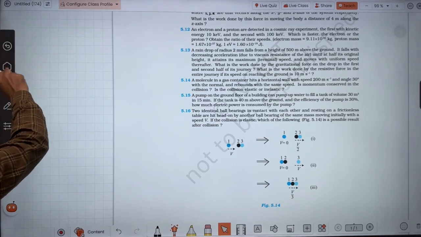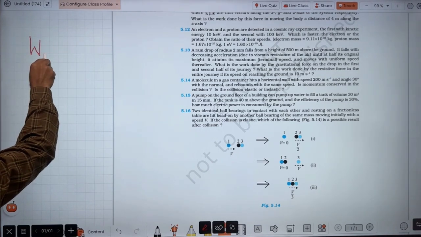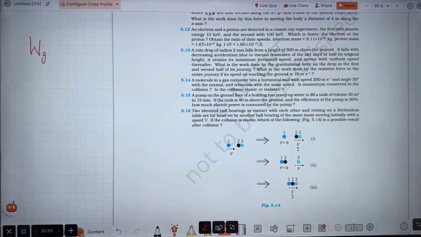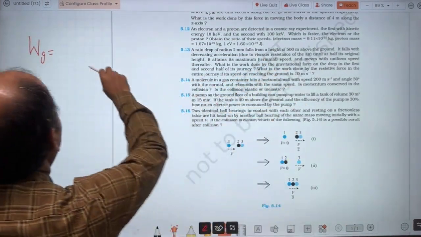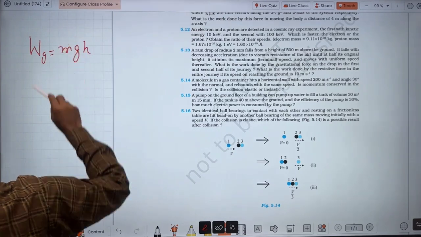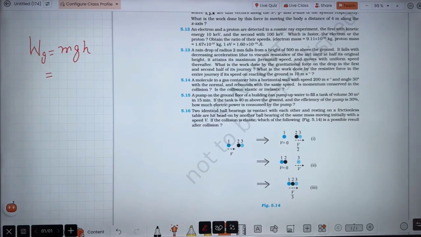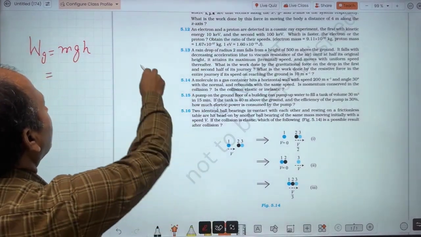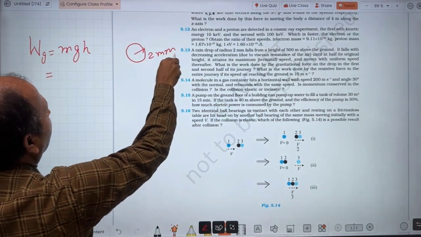Work done by gravitational force: if you consider half the journey, then only 250 meters should be taken into account. In that case, work done will be mgh. So what is m? In this question, the radius of the drop is given as 2 millimeter.